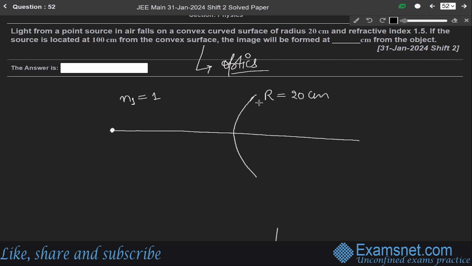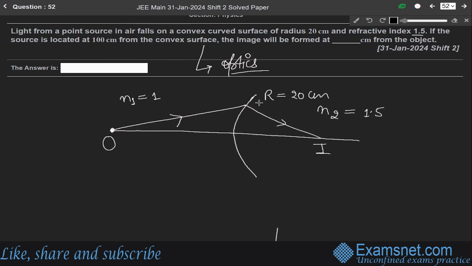Light is falling on the curved surface and the refractive index is 1.5. Let us say this is object O, the image is forming at point I, and the refractive index N2 is 1.5 according to the question.